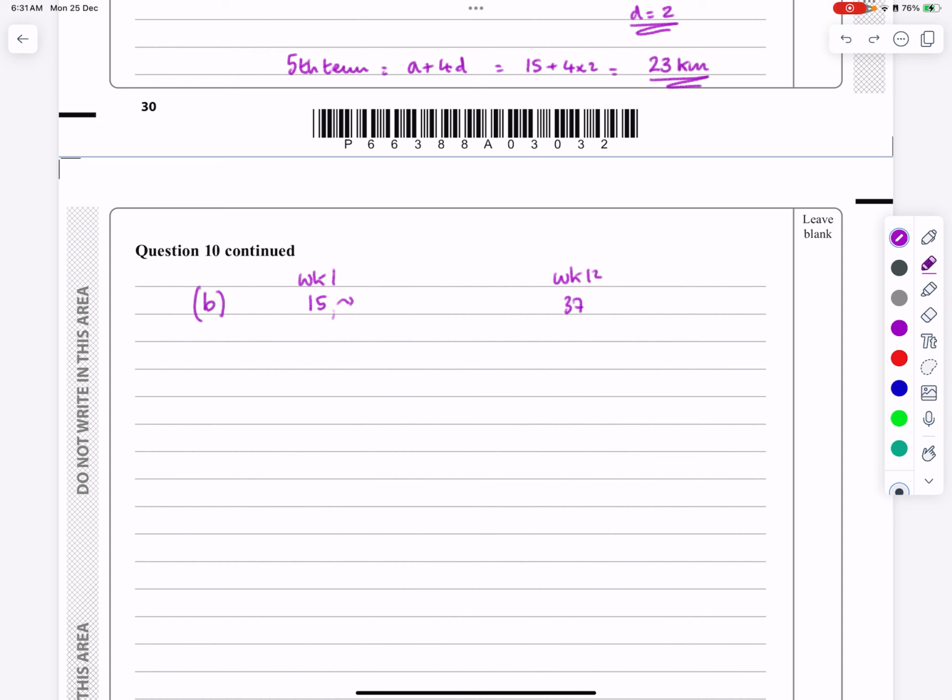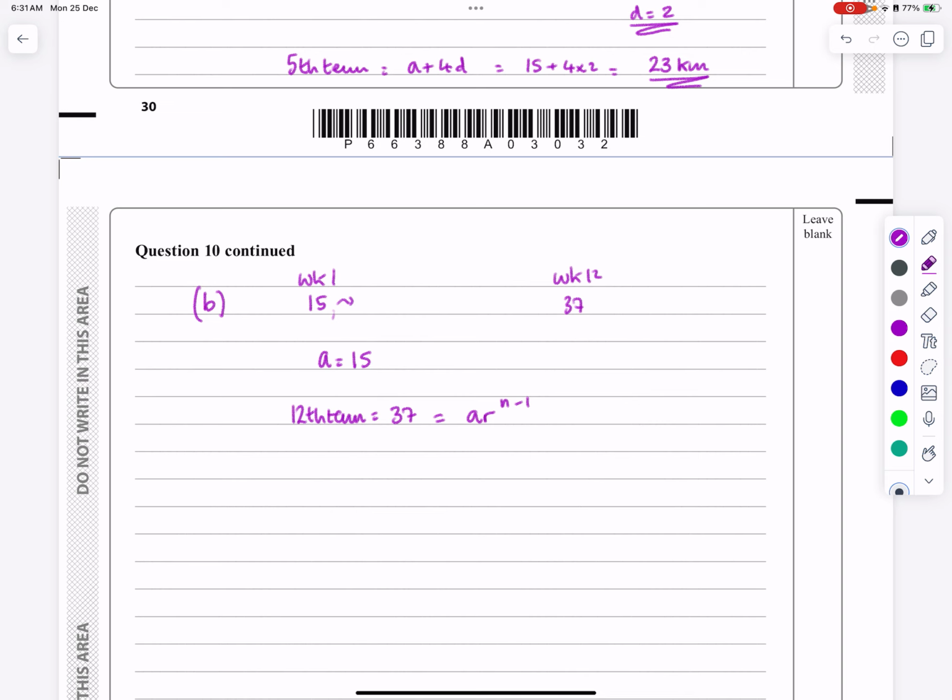So here in this particular one, I've got that A is equal to 15. I've got that the 12th term is equal to 37 again, but the 12th term this time is AR to the n minus 1 for a geometric series.